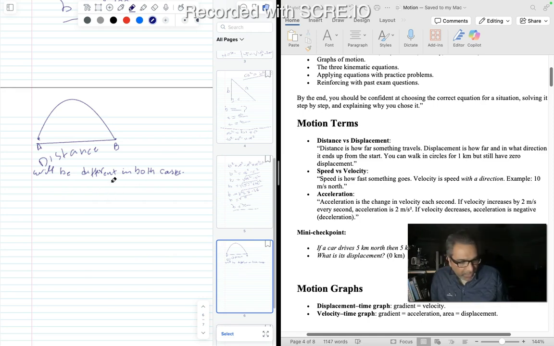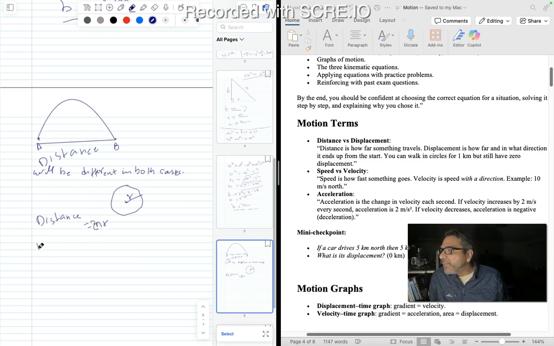Okay, this seems a bit like a circle. If the radius is r centimeter or meter, then the distance will be the circumference, 2 pi r, right?